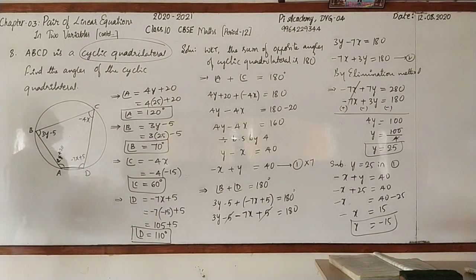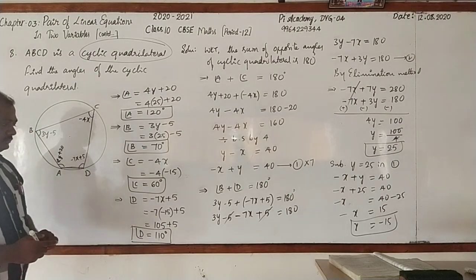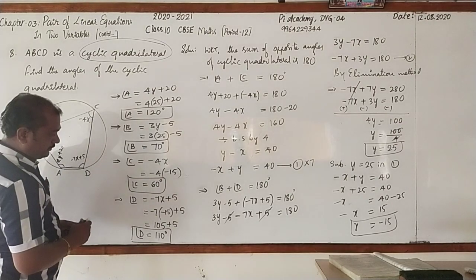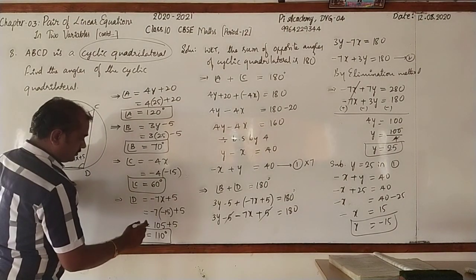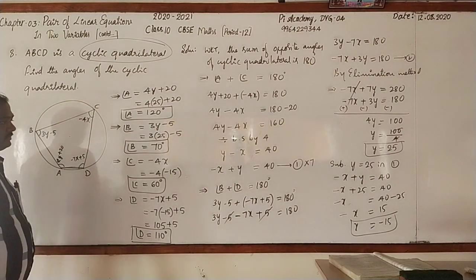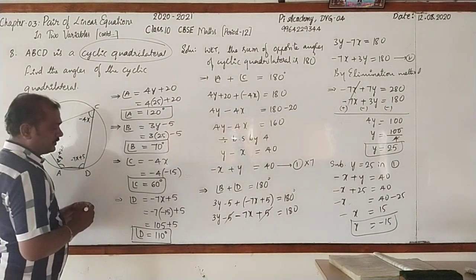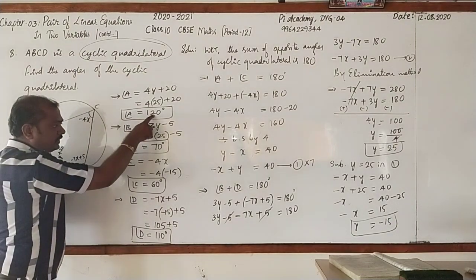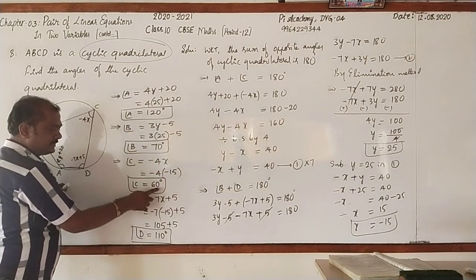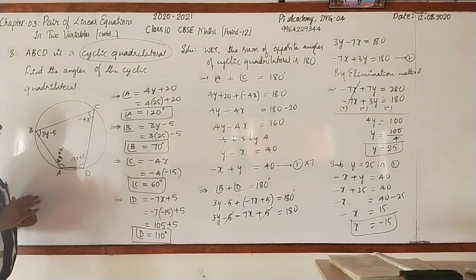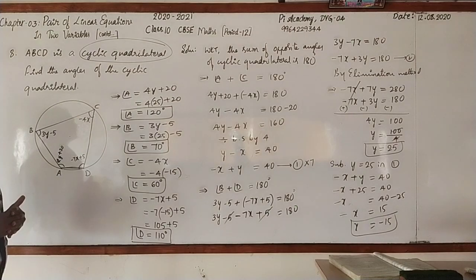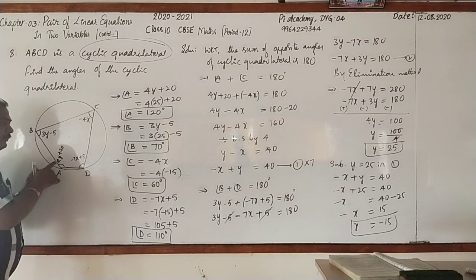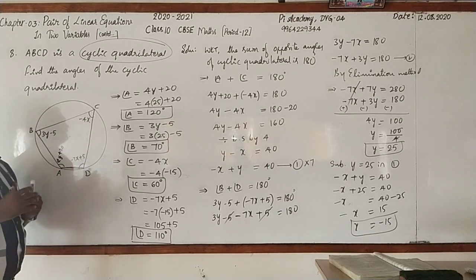So we have found out all the four angles. Just cross-check that. Observe it. The four angles are 120 degrees, 70 degrees, 60 degrees and 110 degrees. You have to check whether our solution is right. How do you go about checking? We all know that the sum of interior angles of a quadrilateral is 360.